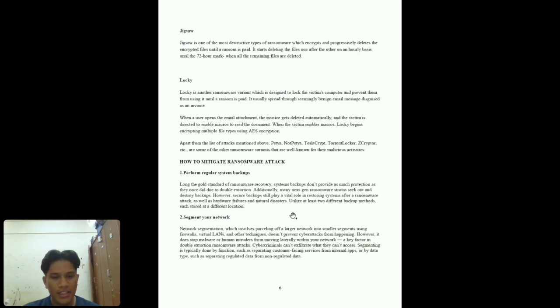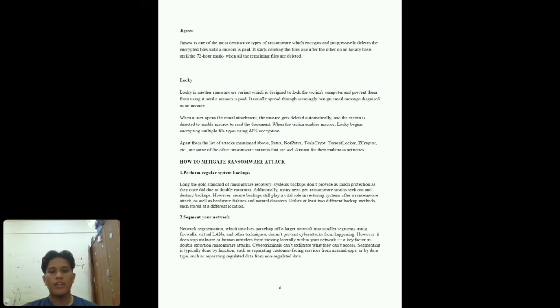Second, segment your network. Network segmentation, which involves partitioning a larger network into smaller segments using firewalls, virtual lines, and other techniques, does not prevent cyber attacks from happening. However, it does stop malware or human intruders from moving laterally in your network, a key factor in double extortion ransomware attacks.